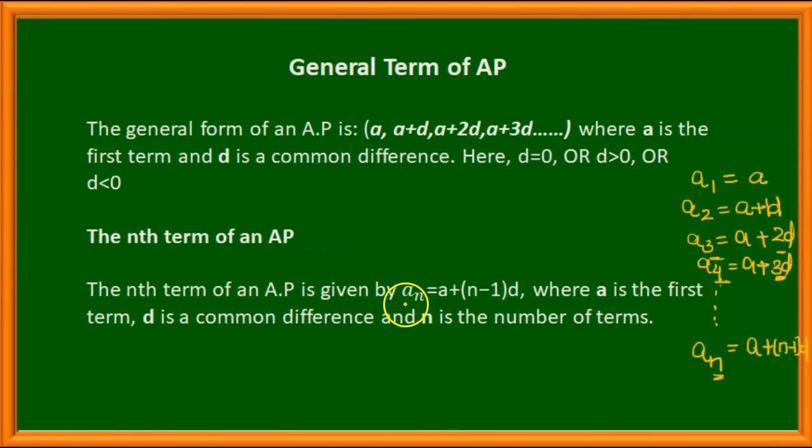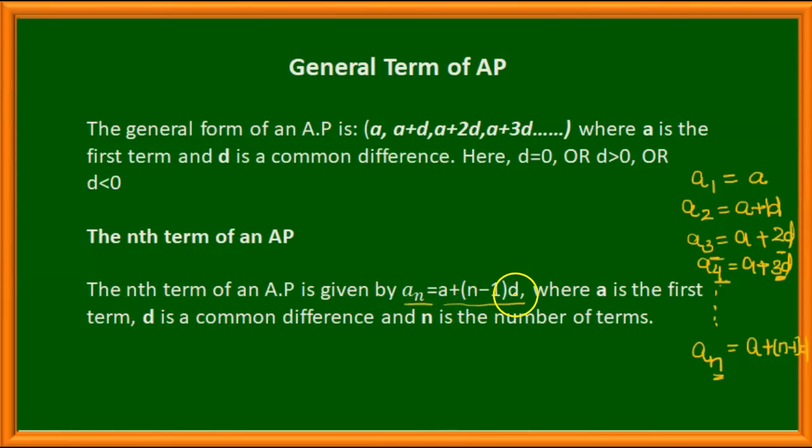So this is the nth term of an AP. The nth term of an AP is given by an is equal to a plus (n minus 1) into d, where n is the number of terms. If it is an infinite AP, you may be asked to find the nth term, the 20th term, the 25th term, like that. That should be n there. And a is the first term and d is the common difference.